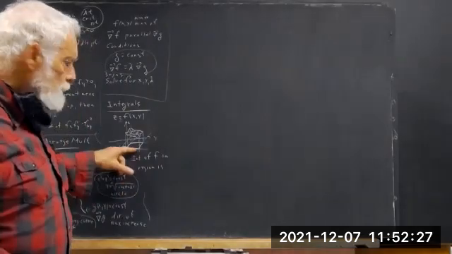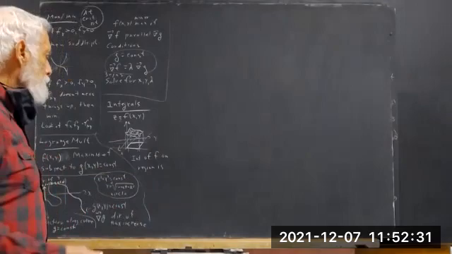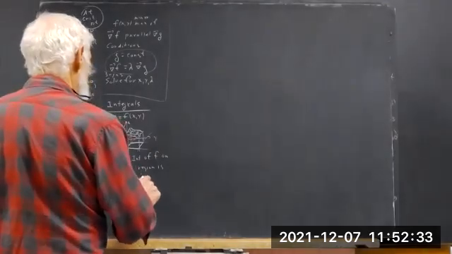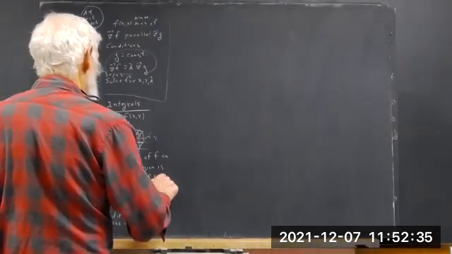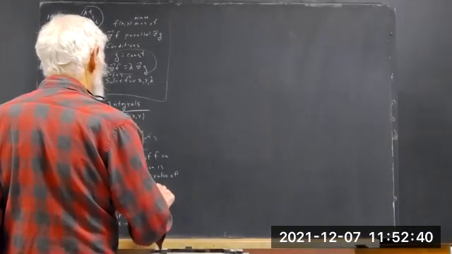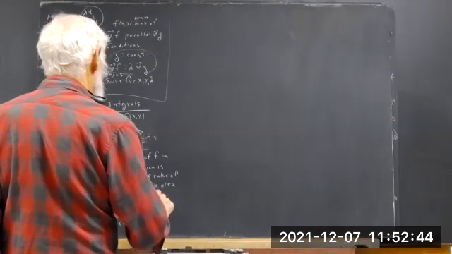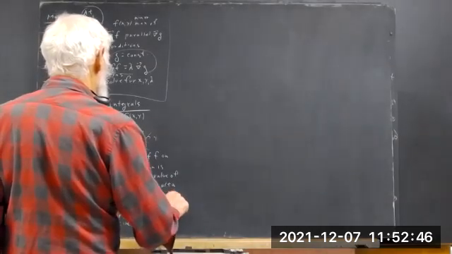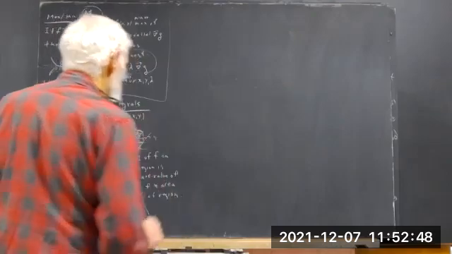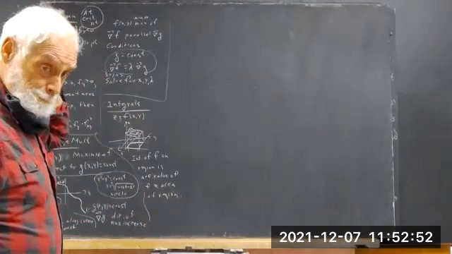But in 2 dimensions, it's going to be the average value of f times the area of the region. I'm not saying everything, it's the average value of f on the region times the area of the region.